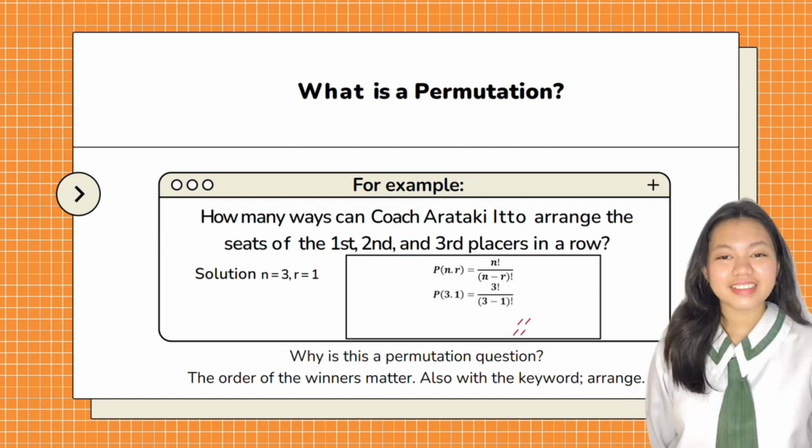Now we substitute the values of n and r into the formula, which gives us permutation of 3, 1 is equal to 3 factorial over quantity 3 minus 1 factorial. Then simplify: we have 3 factorial over 2 factorial since 3 minus 1 is equal to 2. Expand the numerator and denominator: 3 times 2 times 1 over 2 times 1, and cancel 2 and 1 in the numerator and denominator. Now we are left with 3.